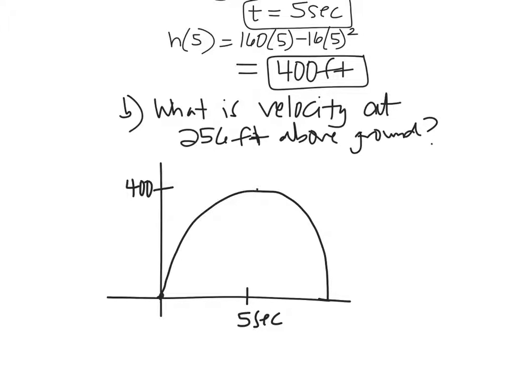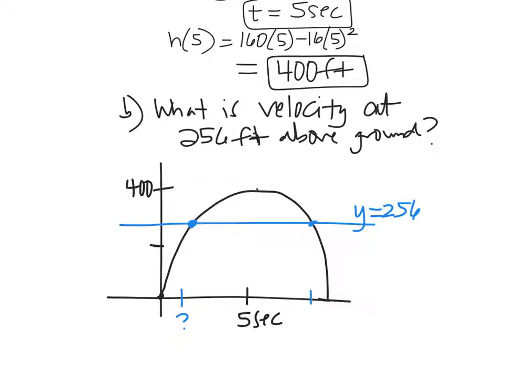It actually happens twice. So this is about what? This is probably half, about 200. So right here, we'll say is the line y equals 256. Okay? And there's a time that that happens at, and there's another time that that happens at. Okay? And I want to find the velocity here, the instantaneous velocity.